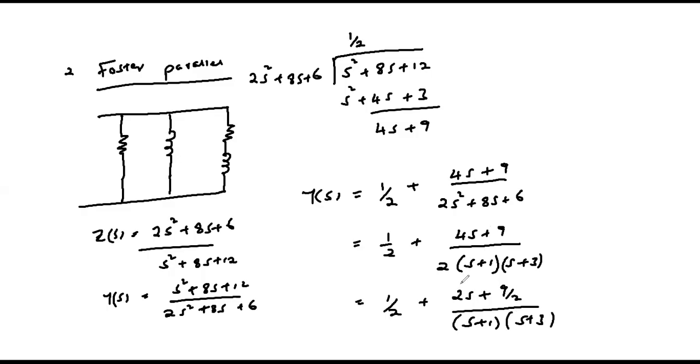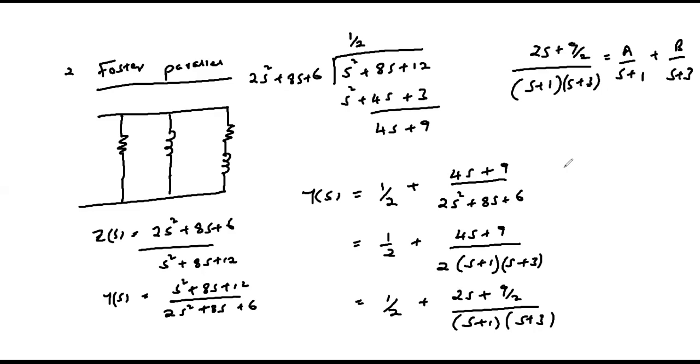We need to put this into partial fraction form, which you can write as A over s plus 1 plus B over s plus 3. If you evaluate the values of A and B, A will be 5/4 and B will be 3/4.